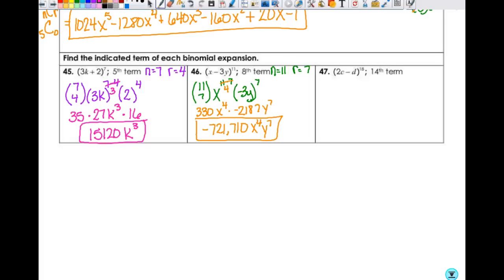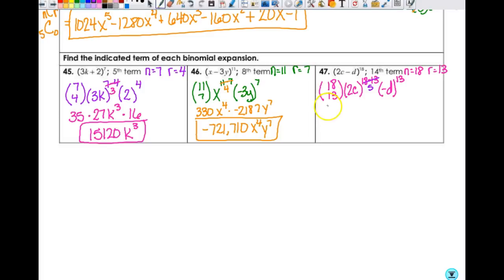Now this one. I need the 14th term. And this means that n is equal to 18, r is equal to 13, because it's the 13th element. So I do the combination of 18, 13. Then I do 2c to the 18 minus 13 power times a negative d to the 13th power. Okay. This here is 5. You can start off by writing 5 if you want to. I just want to make sure you know where this is coming from.